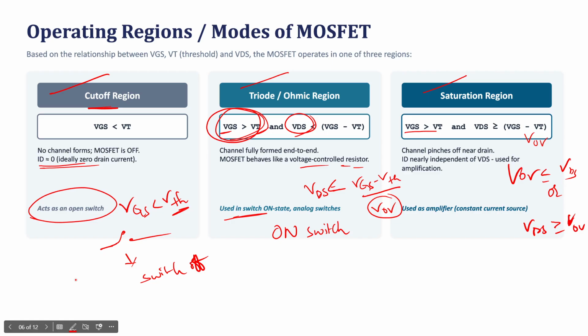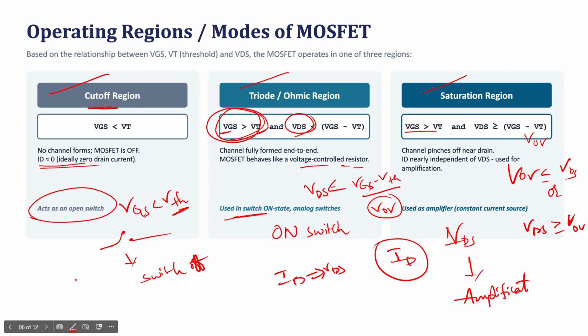Both are the same. Then ID is nearly independent of VDS. Till now ID depended upon VDS and VGS, but once it enters the saturation region, it doesn't depend upon VDS. So we use it for amplification. In this region, the MOSFET acts as an amplifier.